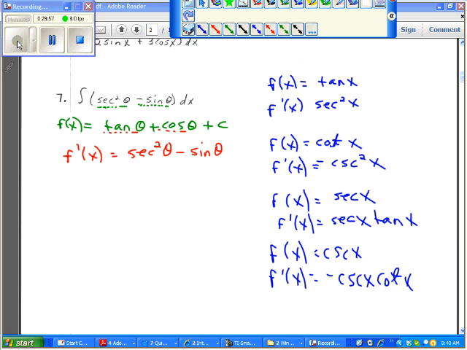We know that the derivative of sine is cosine. I'm just going to write these in here too. The derivative of sine x is cosine x.